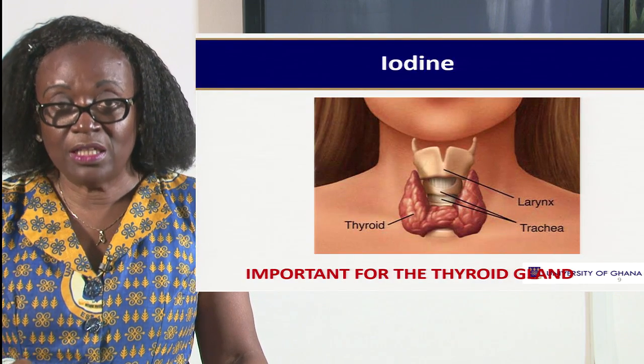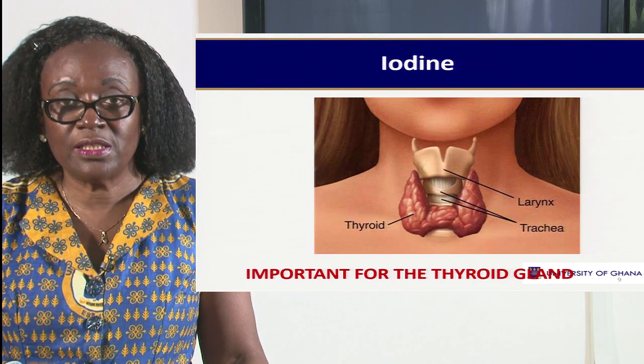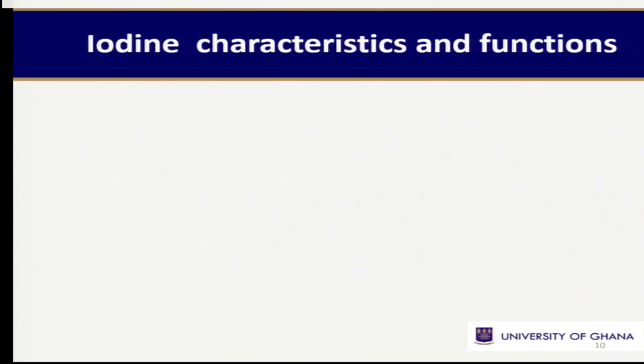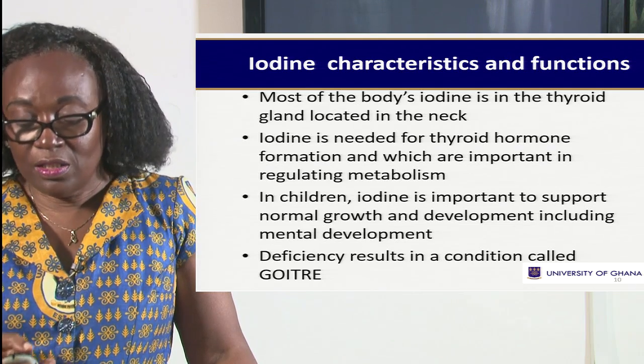And the thyroid gland, as you see on the diagram, is located in front of the neck. So whenever there's iodine deficiency, we see an enlargement in front of the neck, which is usually referred to as goitre. Goitre is the common name.